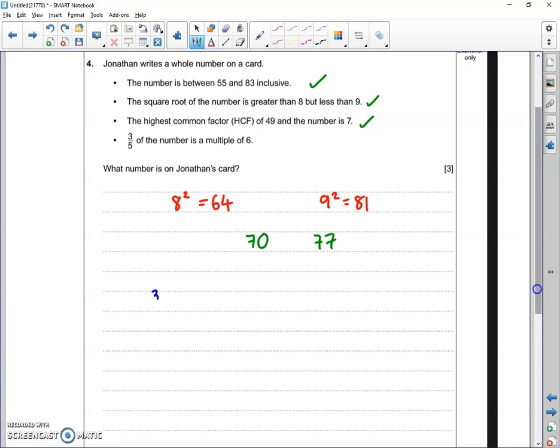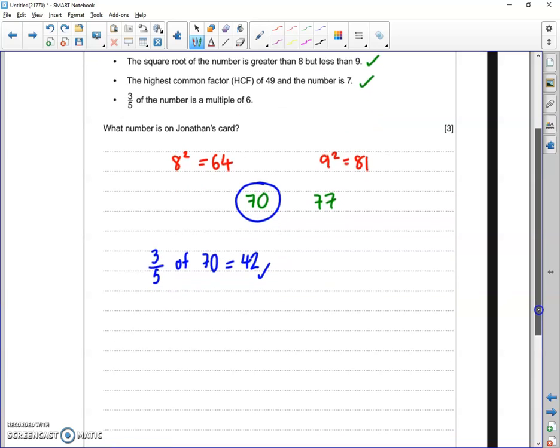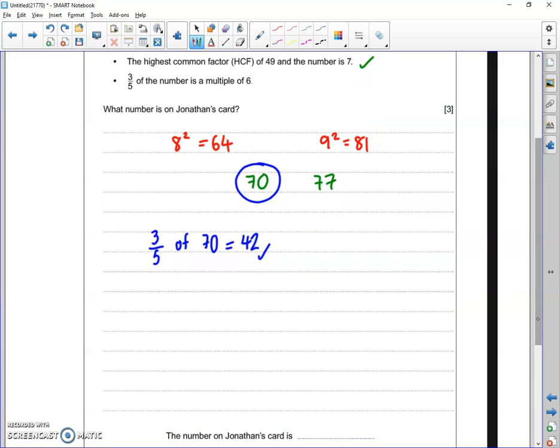Well, to find 3/5 of something, you divide by 5 and then times it by 3. So 70 divided by 5 is 14. Times that by 3 is 42. 42 is a multiple of 6. So 70 must be our answer. I mean, 3/5 of 77 is not even an integer, so it couldn't be 77. So that's quite a quick one, as long as you're happy to work with factors, multiples, square numbers. So 70 is our number.